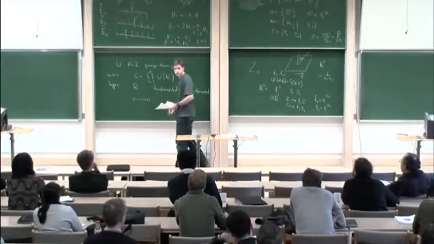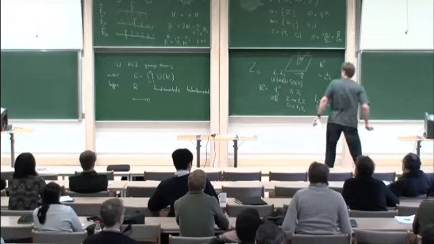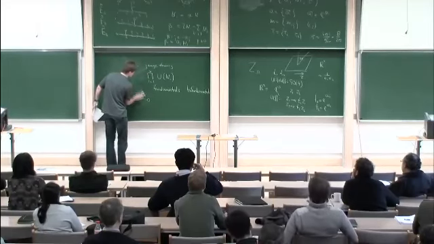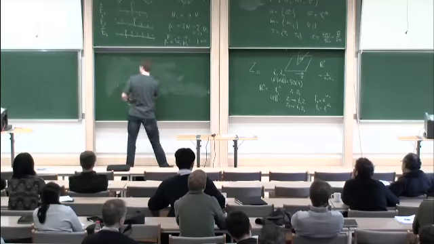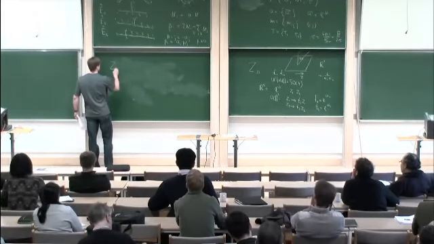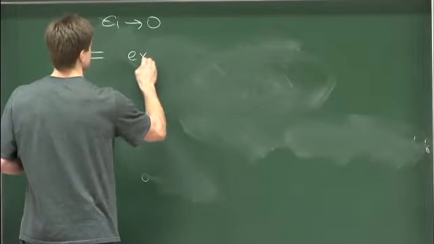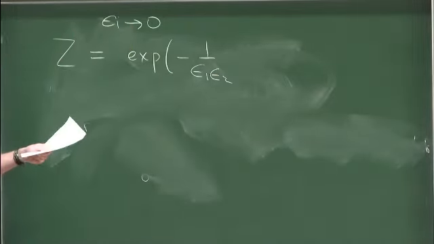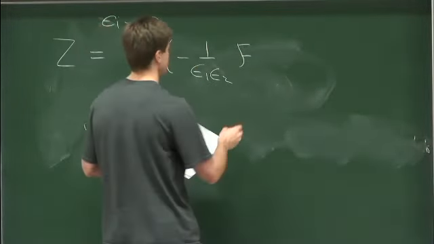The partition function has a limit from which you extract the low energy effective prepotential, namely in this limit, Z is exponential of minus 1 over epsilon 1, epsilon 2 times the prepotential of the theory.